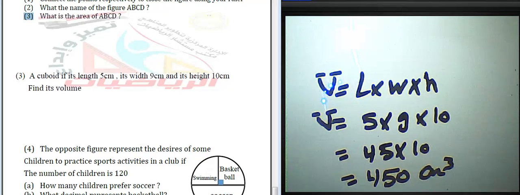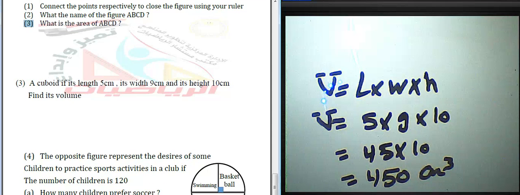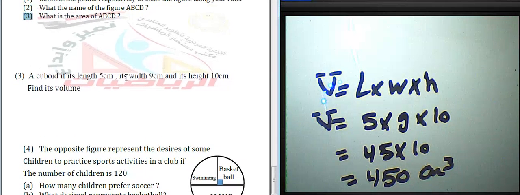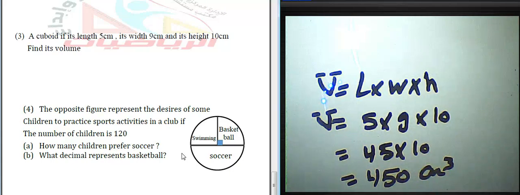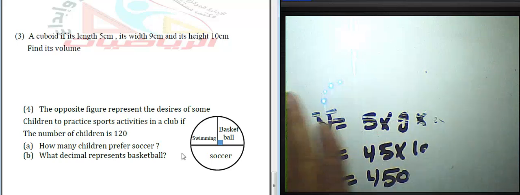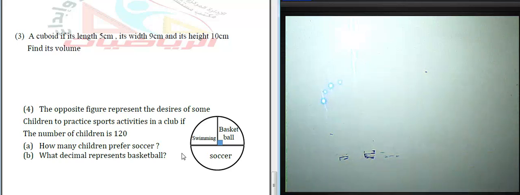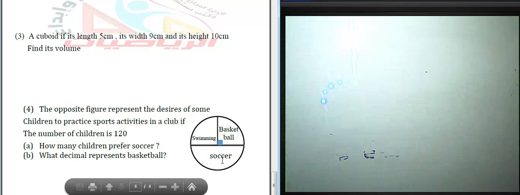Look here. The opposite figure represents the desires of some children to practice sports activities in a club. If the number of children is 120, find question number 1. How many children prefer soccer? Soccer here is a half.